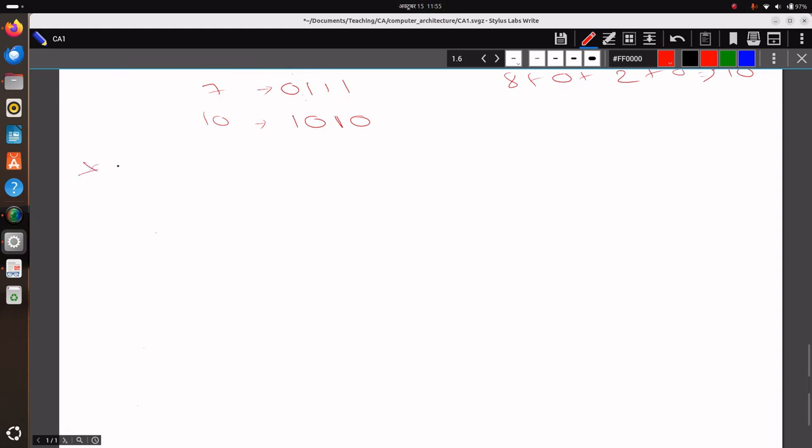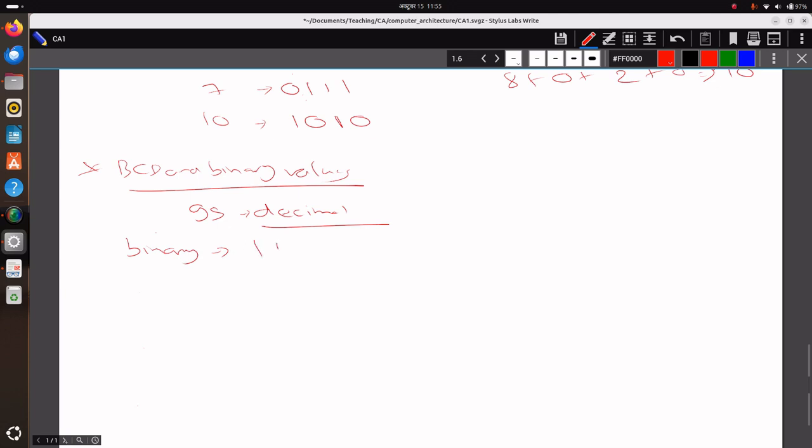Sometimes we get confused with BCD and binary values. So let's take a decimal number of 99. Let's say this is written in decimal form. The binary equivalent of this number 99 will be 1 1 0 0 0 1 1.